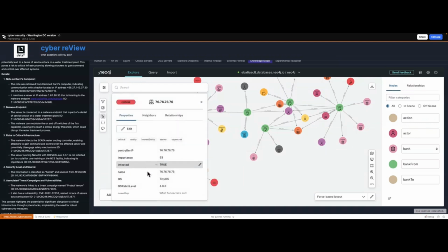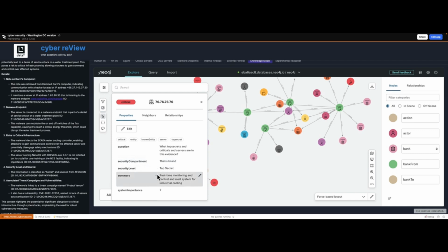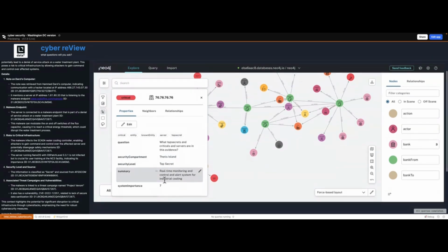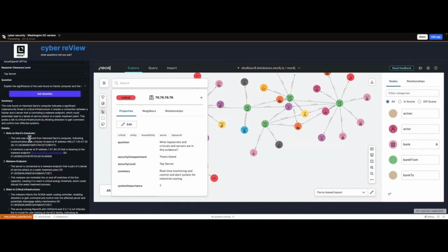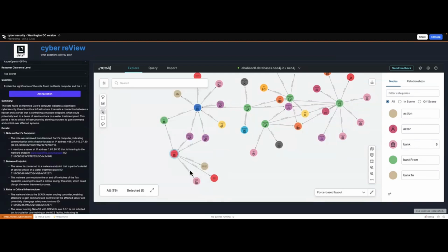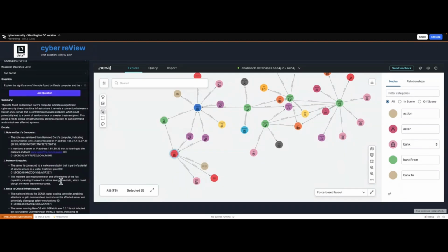If I double click on it, we can see it's real-time monitoring, control, and alert systems for industrial cooling. So it's using these summaries about these servers when it's generating this text on the left. It's really using this graph and the relationships to understand how things connect to one another when it's generating these replies.